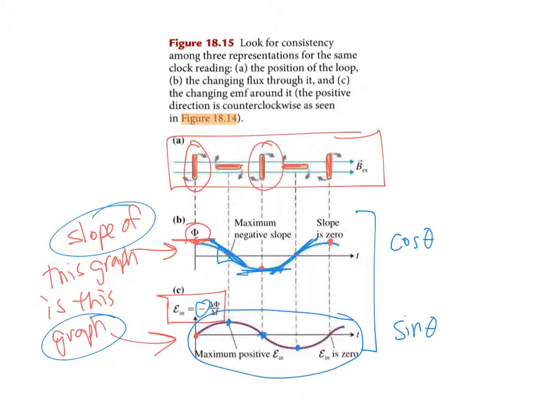So it goes from 0 to positive, back to 0 to negative. So every time, the direction is going to change twice every rotation. So you've got 60 hertz alternating current coming out of your outlets in your house because of that rotational motion happening back at the electrical generation station.